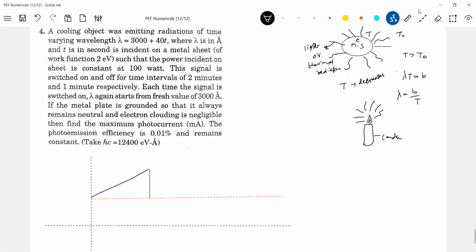Then it will be off for a certain time. Then again it will begin like this.